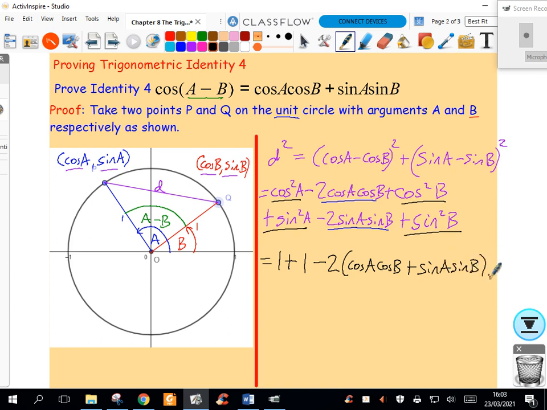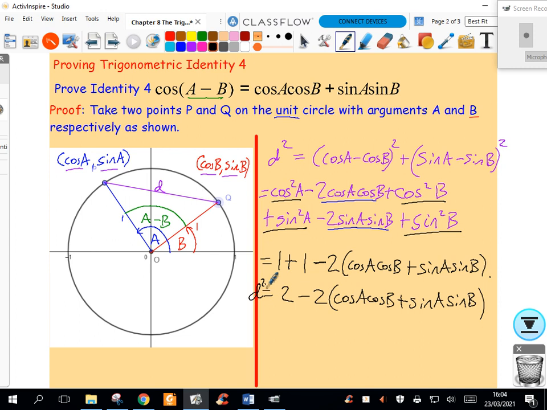So minus 2 times that, and minus 2 times the second term gives me negative 2 sine a sine b. Adding those together gives me 2 minus 2 times cosine a cosine b plus sine a sine b. And remember, that's the square of the distance between these 2 points.